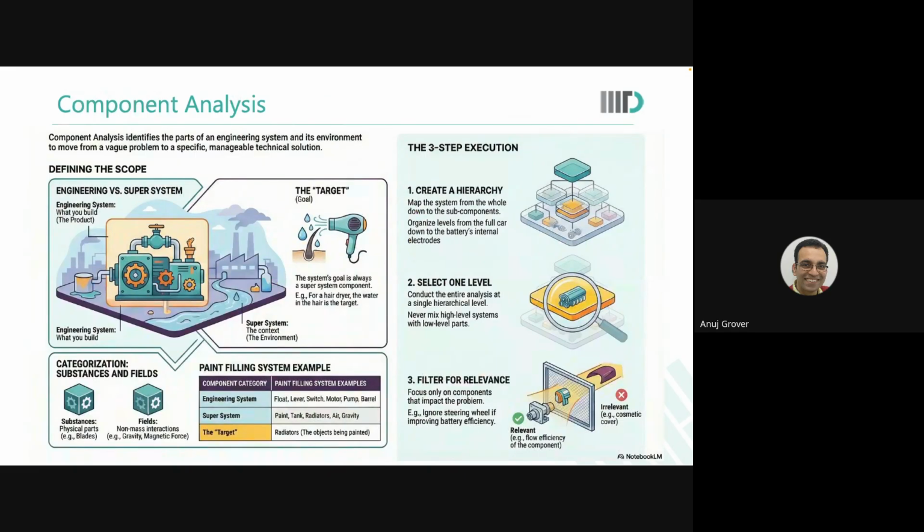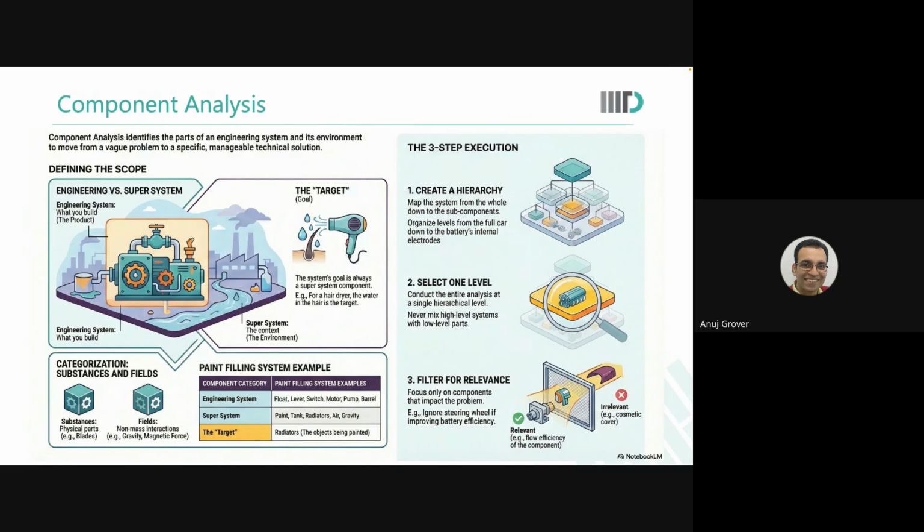So what is component analysis? In component analysis, we start with the definition of what is the engineering system. What is an engineering system? Any system with which we can apply any engineering function. Yes.